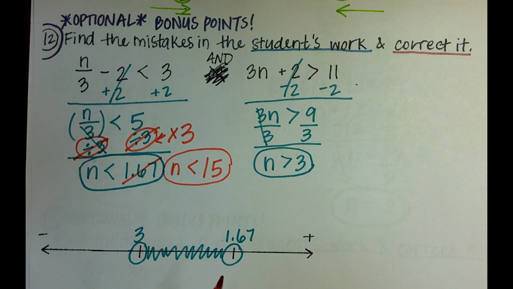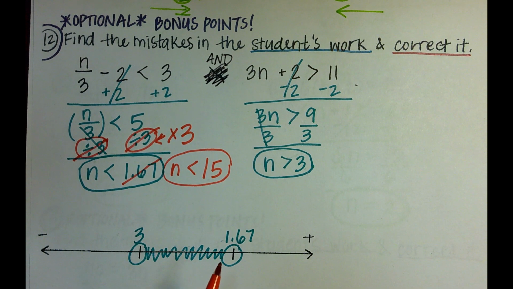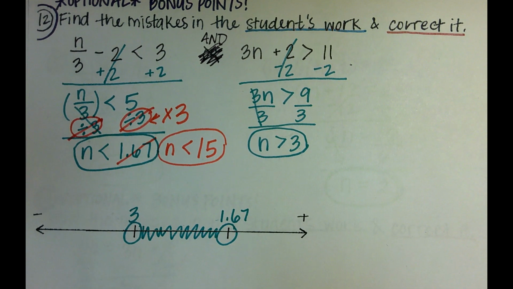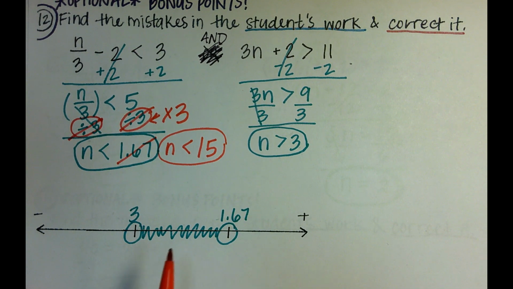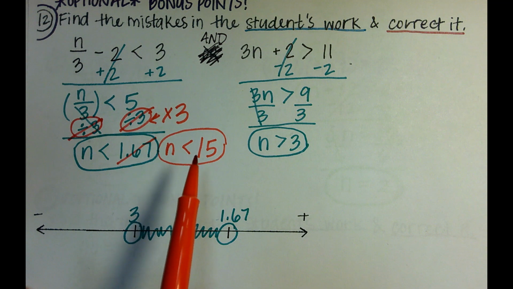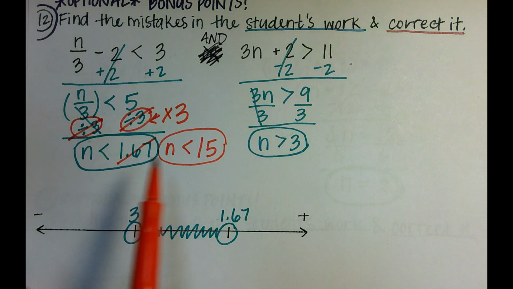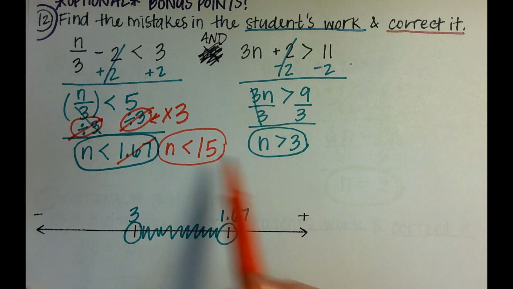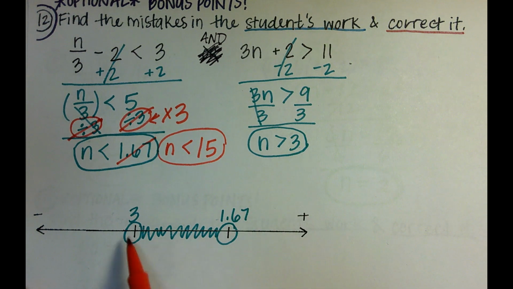We need to fix the graph now. So, what's wrong with the graph? You need to flip the numbers. Yeah, it needs to be on the left side. If they had gotten 1.67, if that was correct, it should have come first. But now it's 15, not 1.67. So let's see. If my answers are 15 and 3, is 3 smaller?